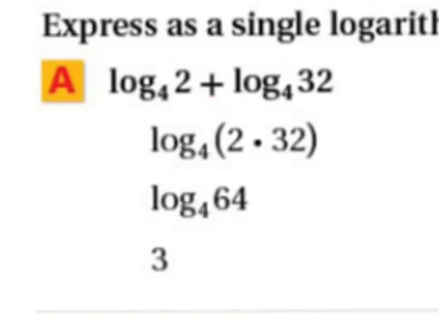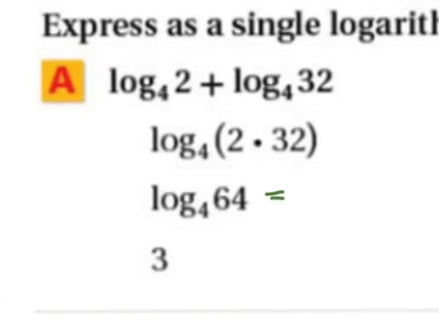Anytime you have two logs added together and the bases are the same, in this case 4, you can condense that into one logarithm of base 4 and you multiply these two items together. 2 times 32 gives you 64. Once you get to this spot, there's no guarantee that it can be simplified further, but if it can, then go ahead and do it.